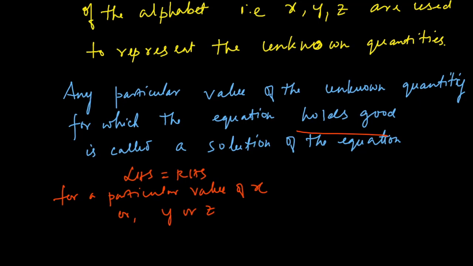So when the value of x, y or z, whichever is used, is found out by solving the equation, this value of x is called the root of the equation. Root of the equation means to find out the value of x, y or z, which makes the left hand side of the equation equal to the right hand side.